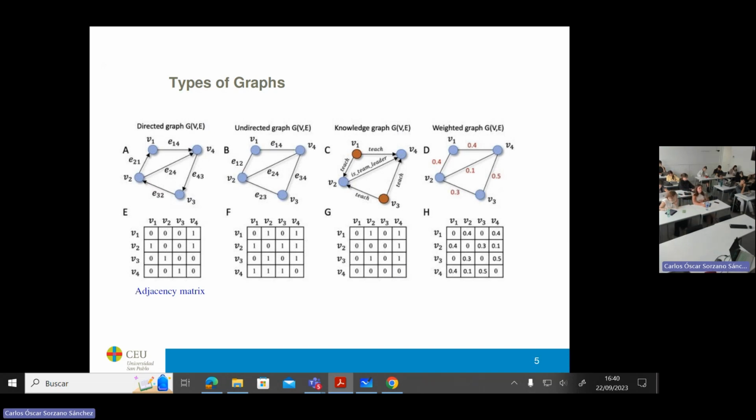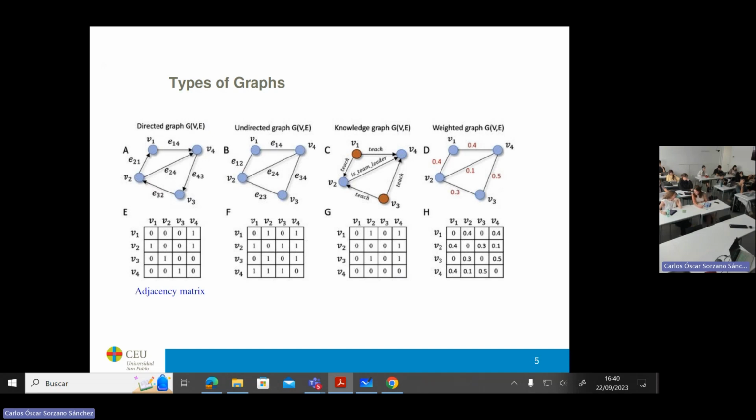And then you may have a knowledge graph. In a knowledge graph, we say that two nodes are related, and we also say what kind of relationship they have. Maybe V1 is a teacher and V2 and V4 are students, so V1 is teaching V2 and V1 is teaching V4.